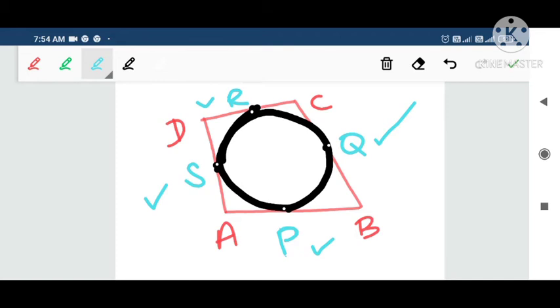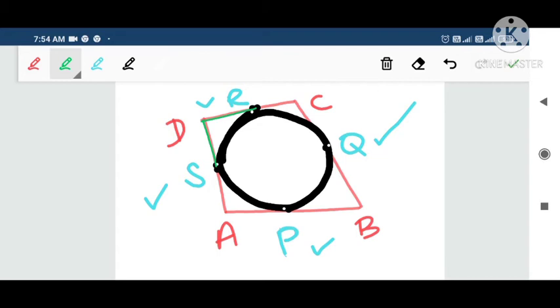So here you need to observe that ABCD touches the circle, and after that, DS and DR are tangents.